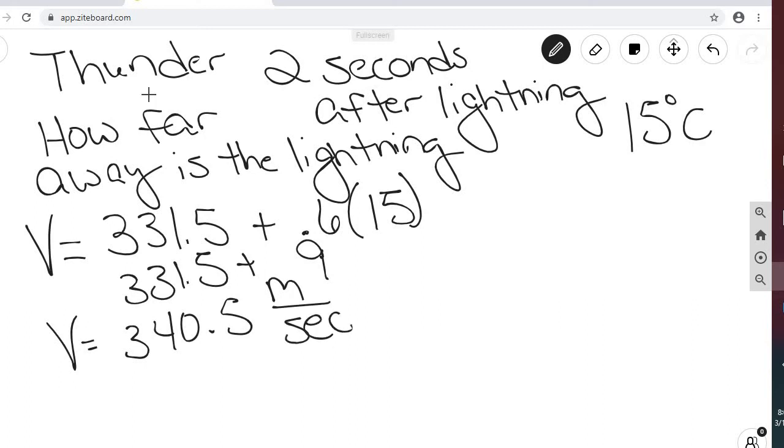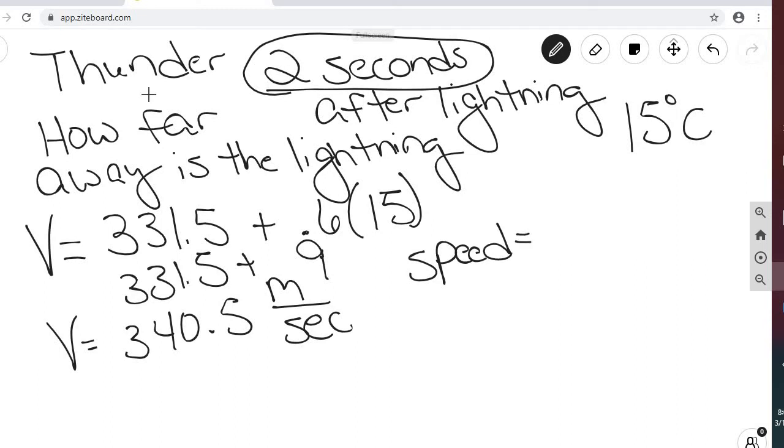Okay, now that we know the speed, and we know that it took 2 seconds for that sound to travel, then we can figure out the distance that it traveled. So speed is equal to distance divided by time.